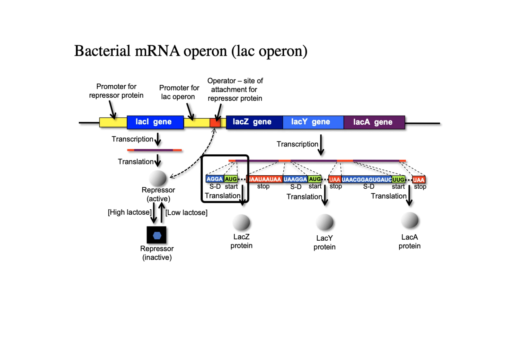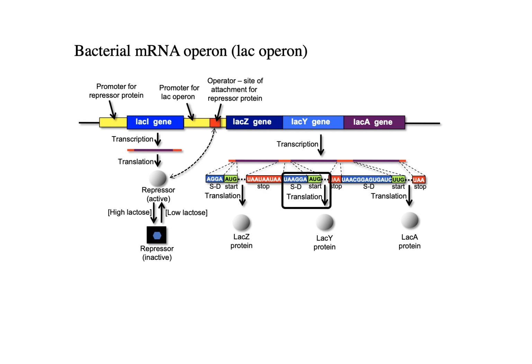Then there's an AUG start codon, so methionine is added, and then translation continues to make this lacZ protein until it hits a stop codon, which ends translation for the lacZ protein.